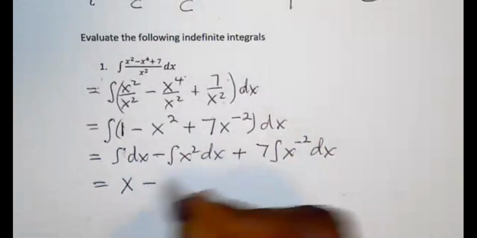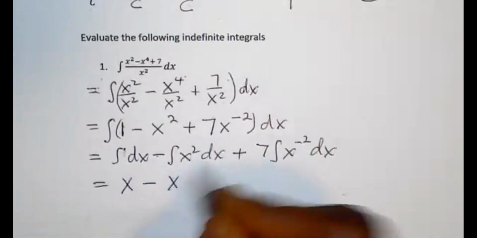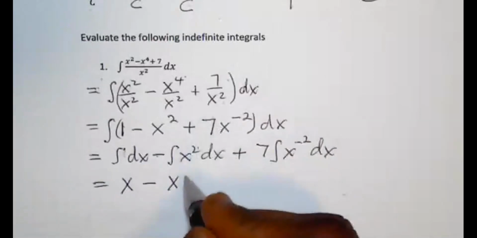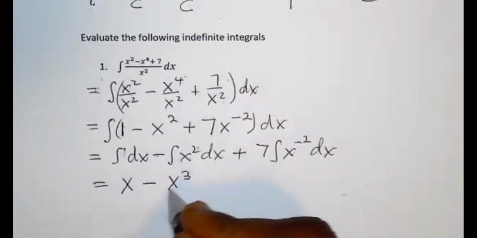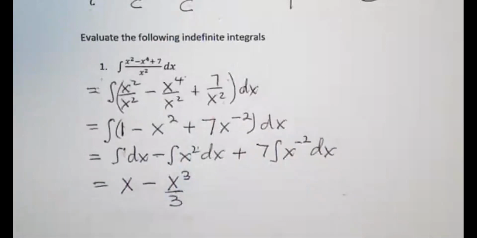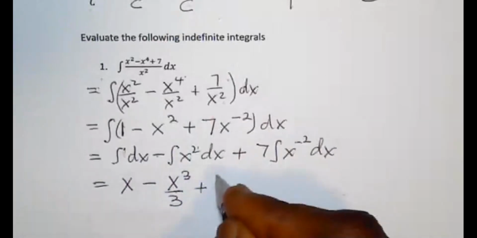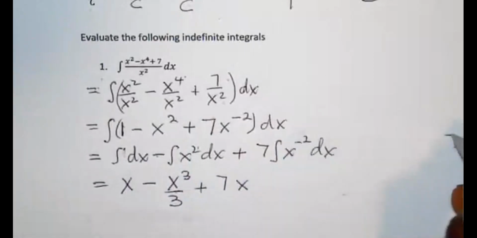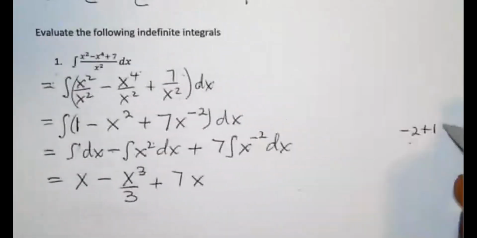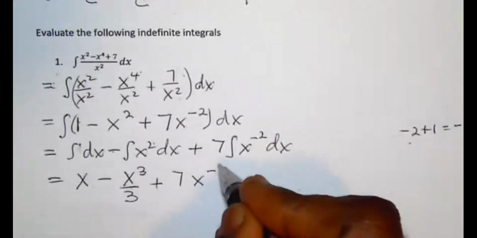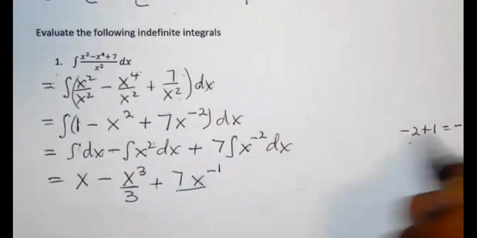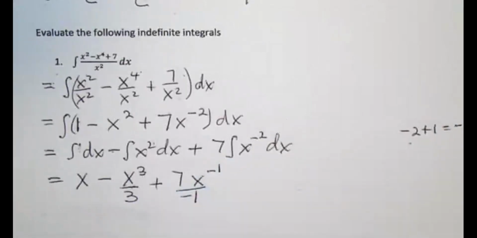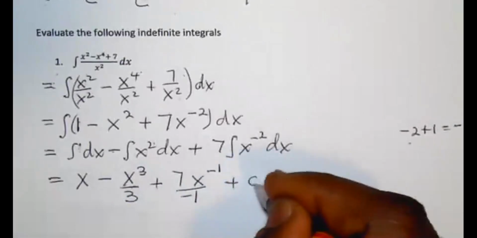This becomes x raised to the power 2 plus 1, which is 3, divided by 3, plus 7 times x raised to the power negative 2 plus 1, which gives us negative 1, and we divide by negative 1, plus the constant c.